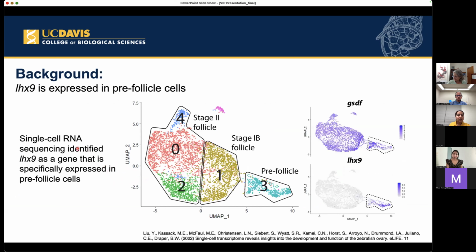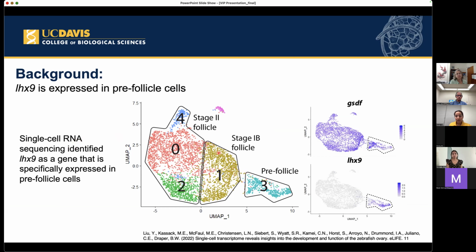Here is the single-cell RNA sequencing procedure in 40 days post-fertilization zebrafish ovary. Over here, we see different cell populations at different stages of follicular cell development. This is the pre-follicle cell analysis. This is stage 1B of follicle, and this is stage 2 of follicle in single-cell RNA sequencing.